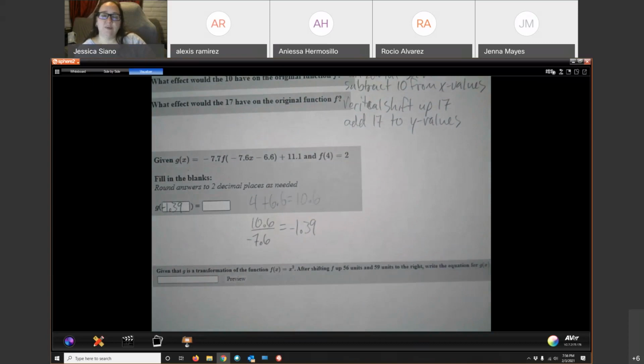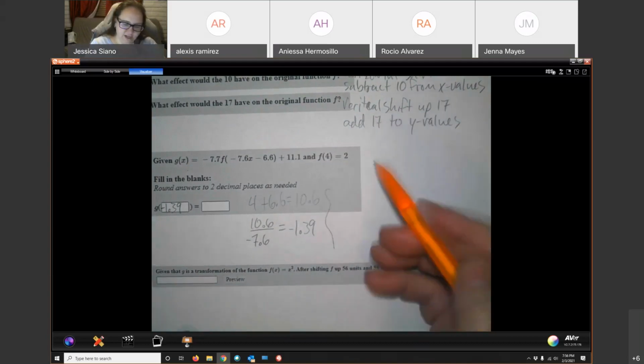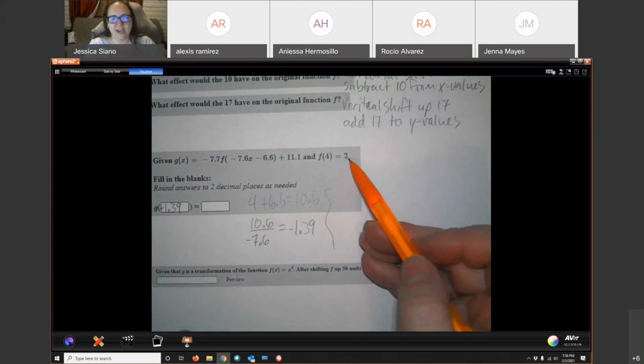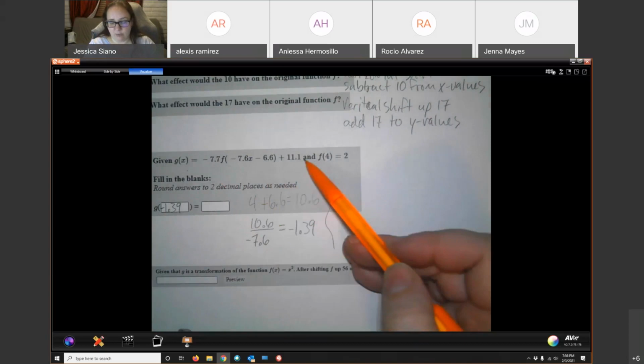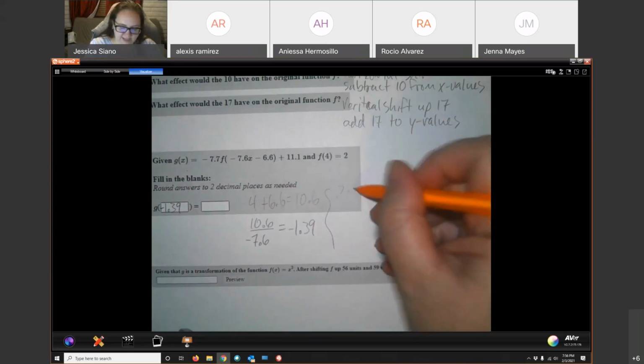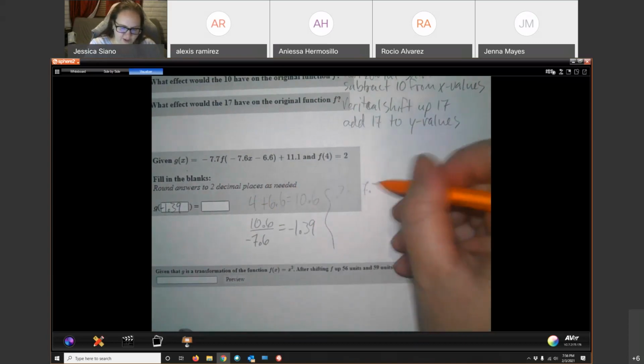Now that rule only applies to the stuff on the inside of the parentheses. On the outside of the parentheses, you do exactly what you want to do. Meaning, if I tell you that this 2 is on the outside, you're going to want to multiply it by negative 7.7 and then add 11.1. And that is exactly what you should do.